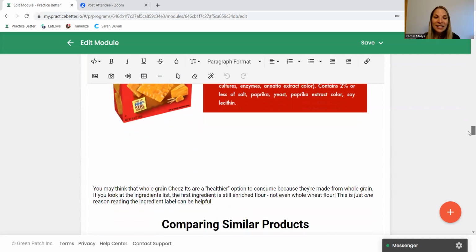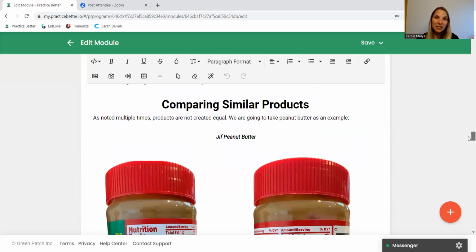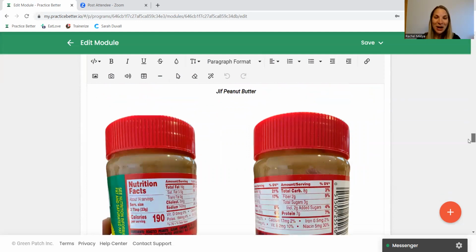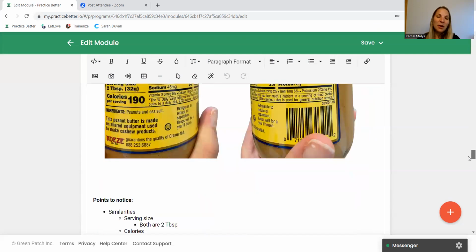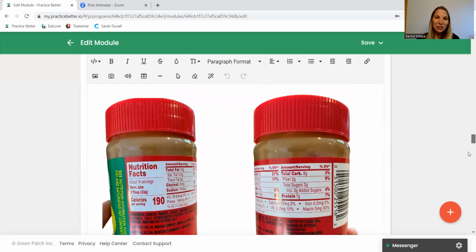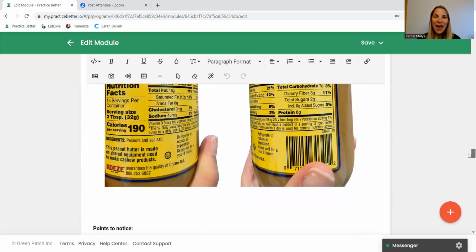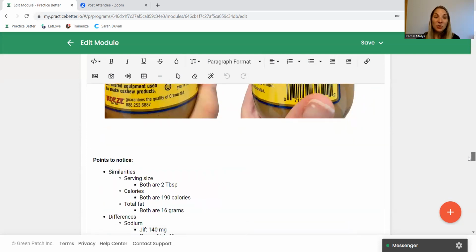Now let's move on to a different example. We're going to compare similar products here. Peanut butter. There's so many different peanut butters out on the market. So here's Jif, and here's something called Cream-Nut peanut butter. I wish I could show you both of the nutrition fact panels side by side while I go through it, but there are similarities between them.